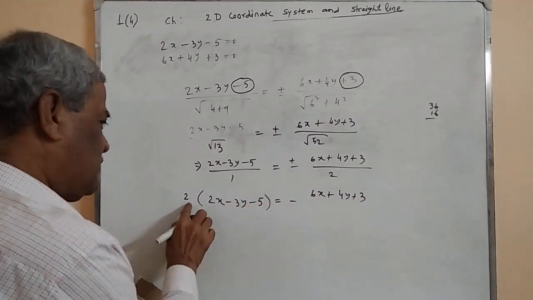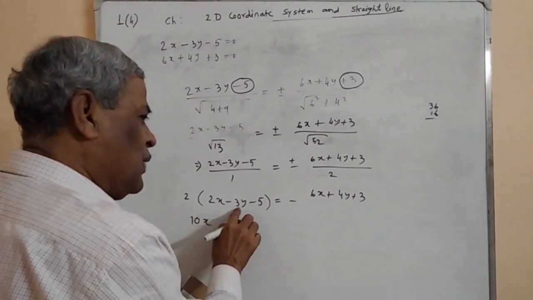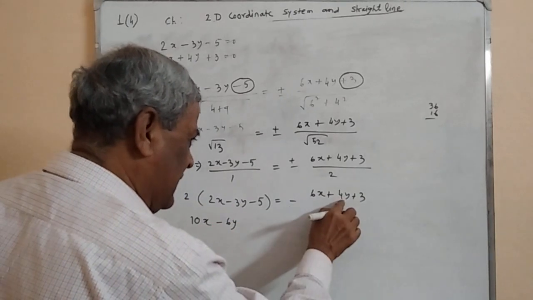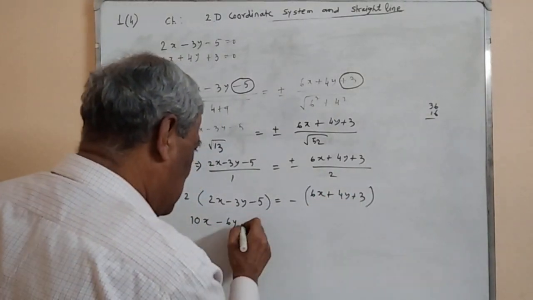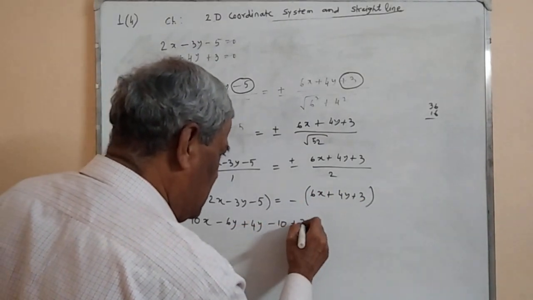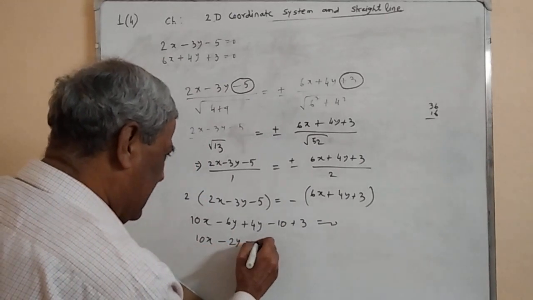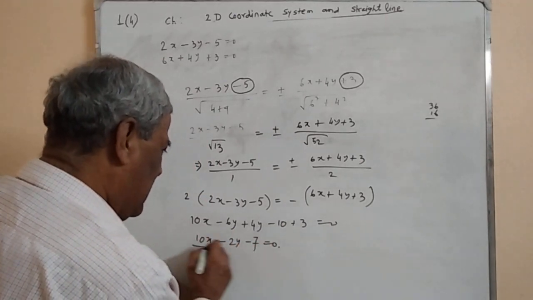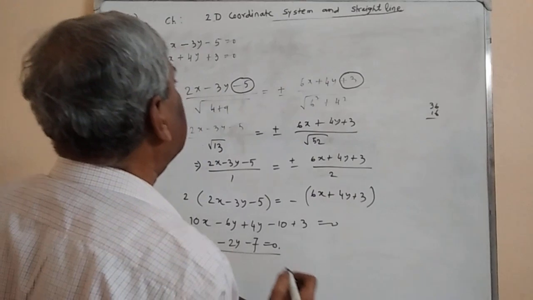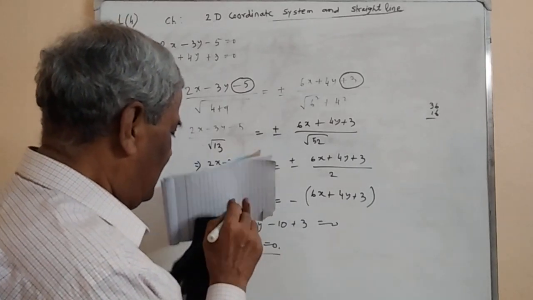So it is 4x plus 6x, 10x, minus 6y, plus 4y, that is minus 2y, minus 10 minus 3, that is minus 7. So 10x minus 2y minus 7 is equal to 0 is the required equation of the bisector of the angle which contains the origin.